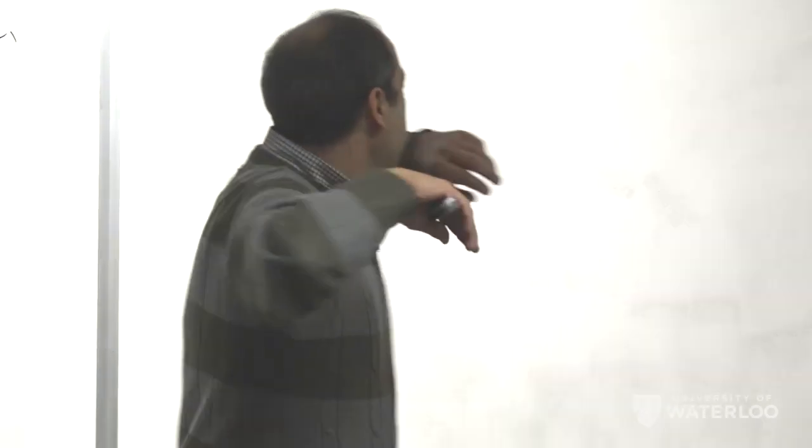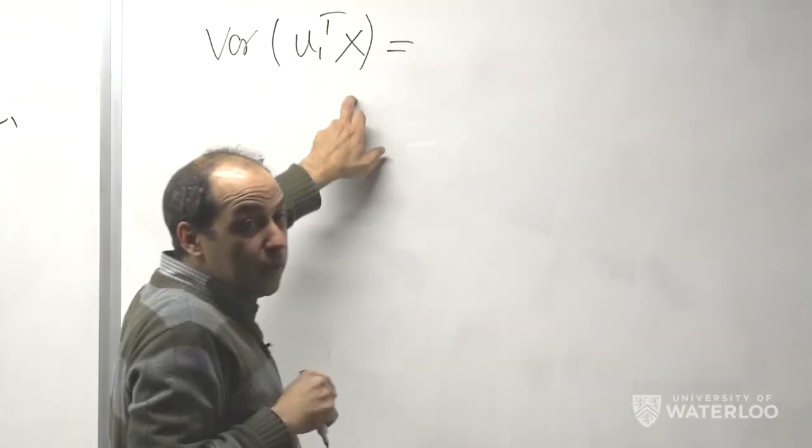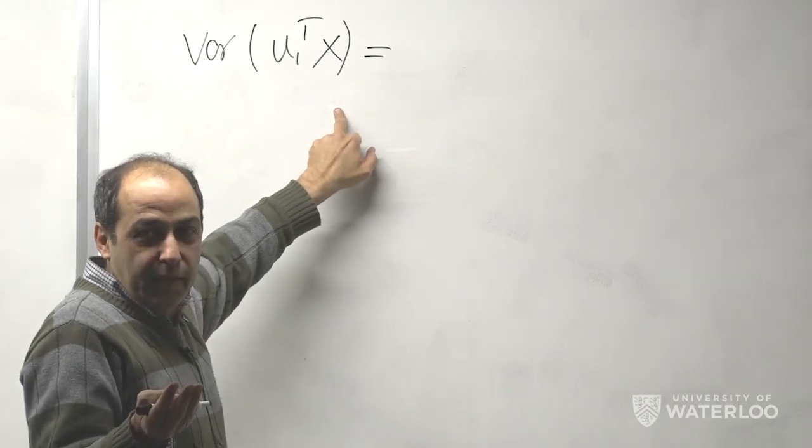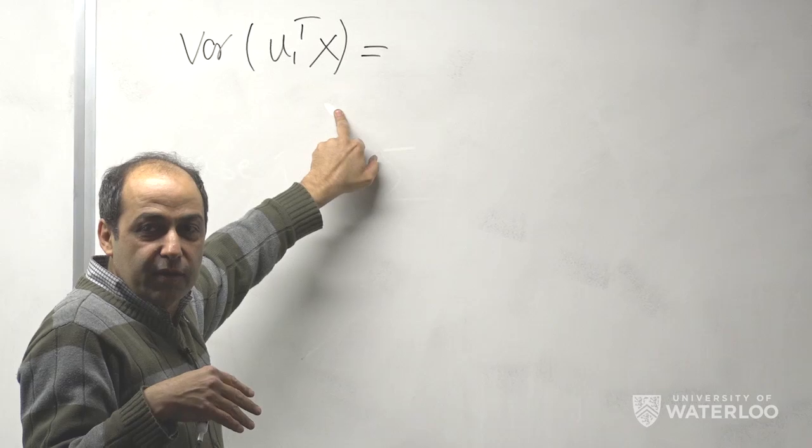So if the mean of these data is mu, the mean of the new data would be u transpose mu. But what would be the variance of the new data?